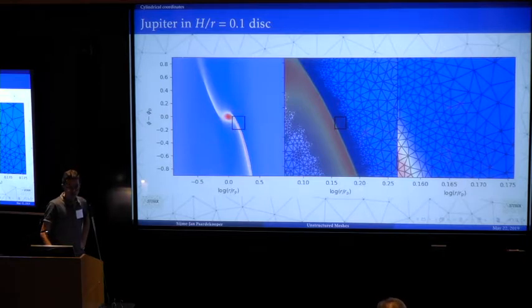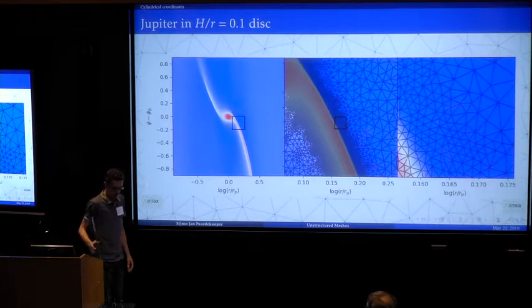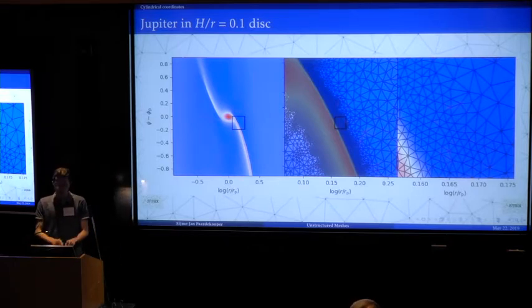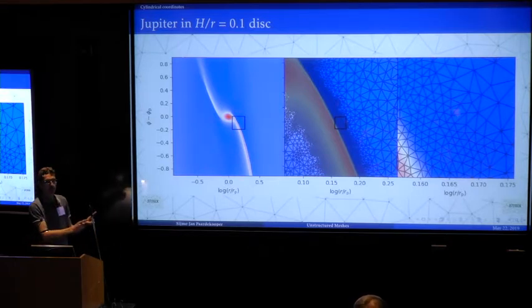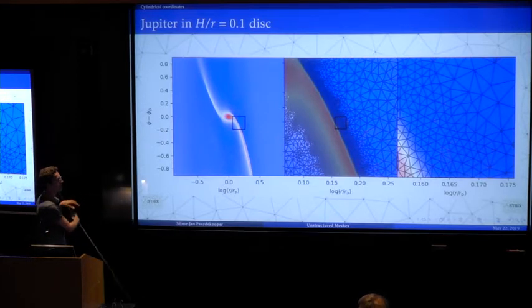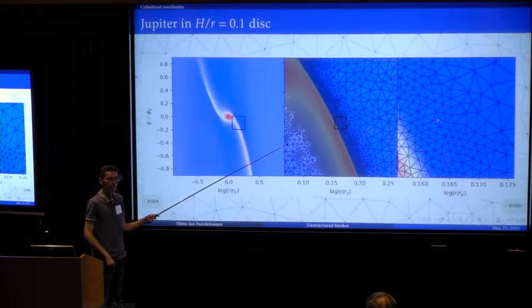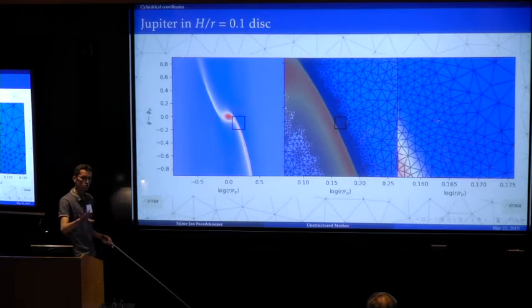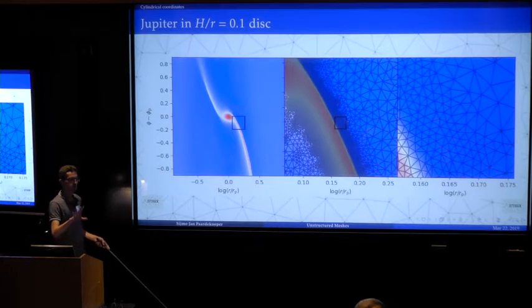So magnetic fields are difficult in general, but they're even more difficult on a mesh like this because of div B equals 0. How are you going to enforce this? I know there are ways around this, but I'm not an expert in that.